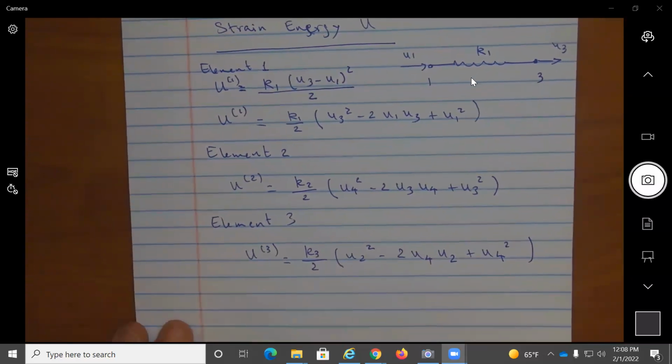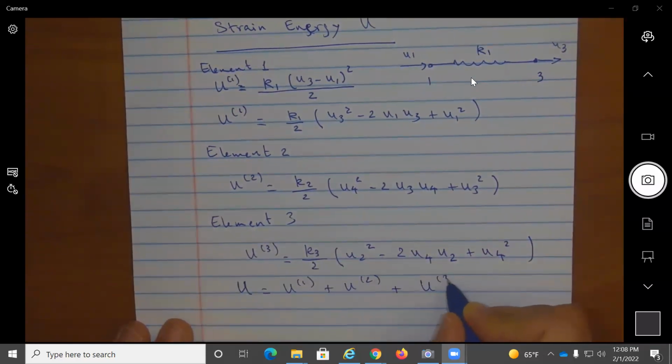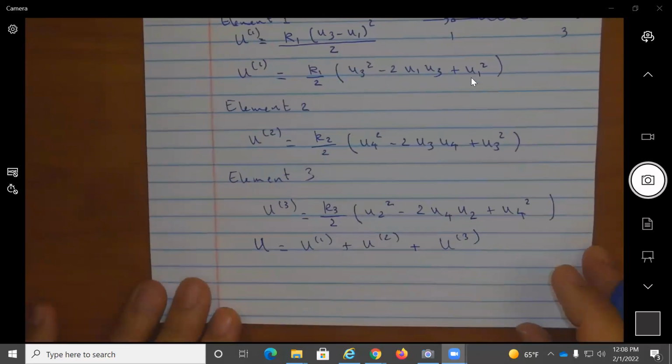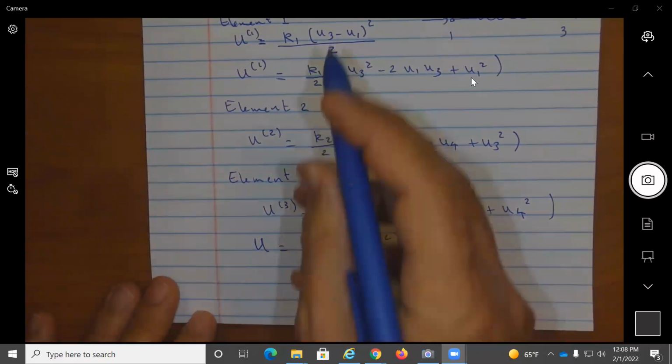If I just go to the potential energy, so we can say here U total is equal to U1 plus U2 plus U3. So that was the strain energy.